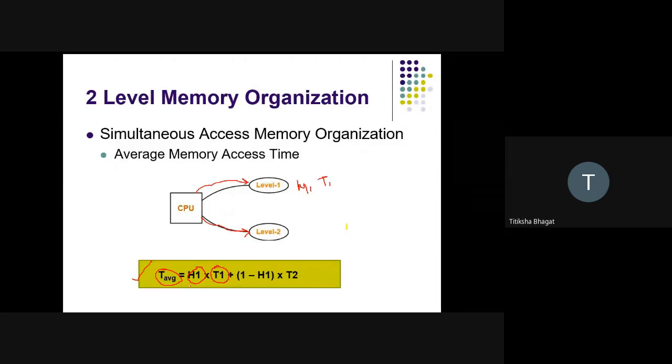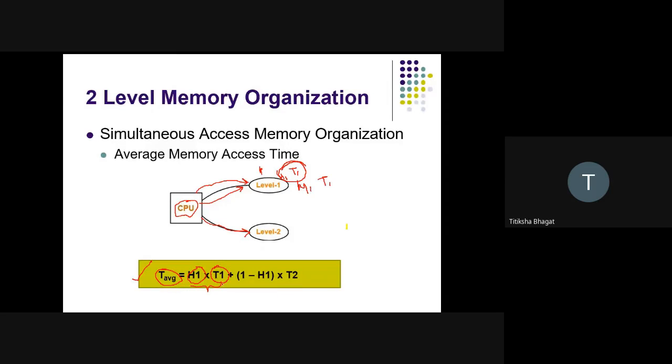If the CPU is searching for some data and that data is available in level 1, then a hit occurred, that means H1 occurs, and within how much time? Let's say T1. So this is my average time: H1 into T1.